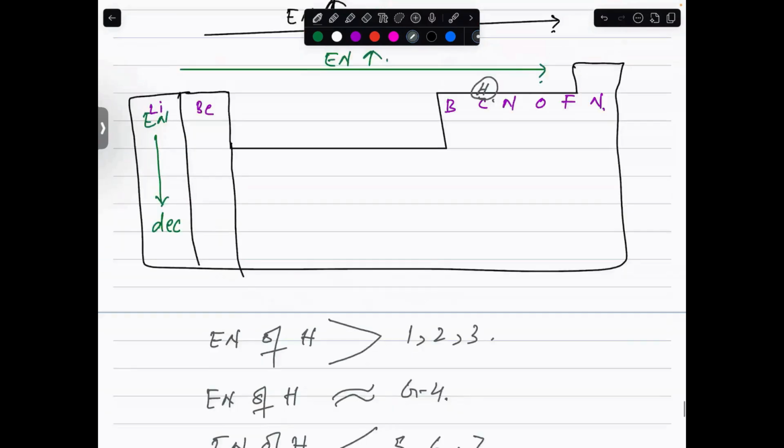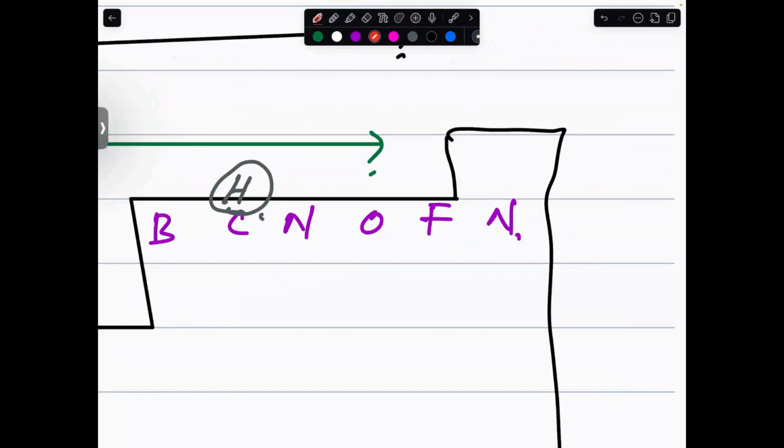And second, this is fluorine, chlorine, bromine, oxygen, sulfur, Se, nitrogen, phosphorus, As. Look, down the group size increases, it's less electronegative. This has 2 shells, this has 3 shells. Diagonally, this is more electronegative.